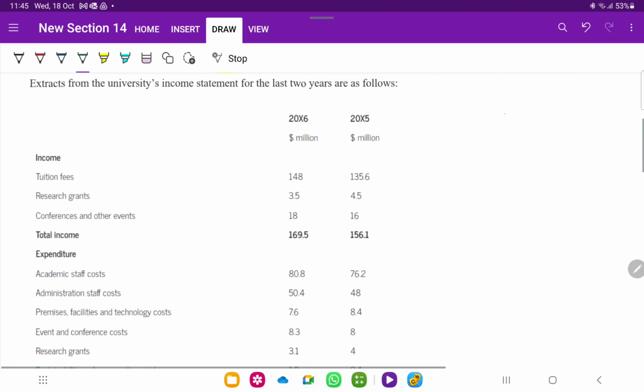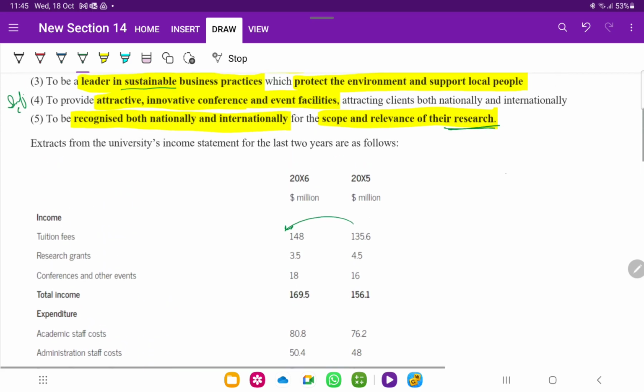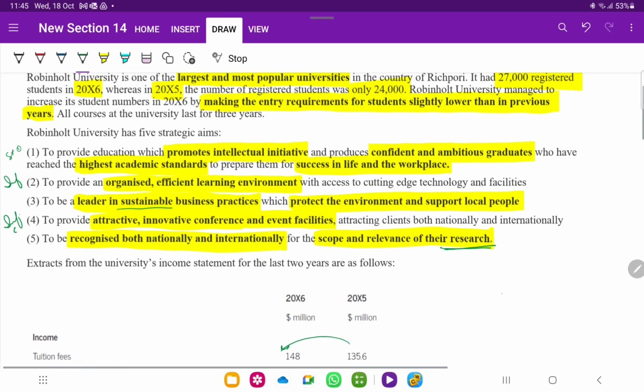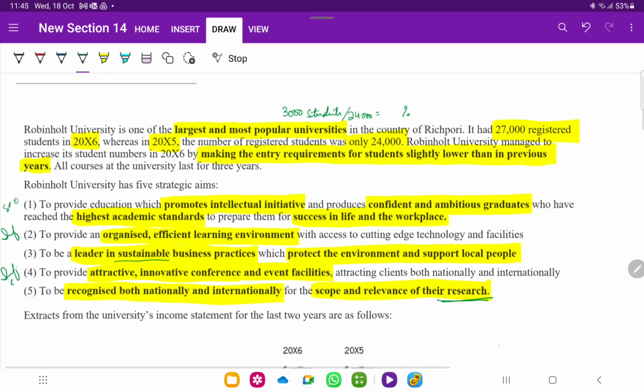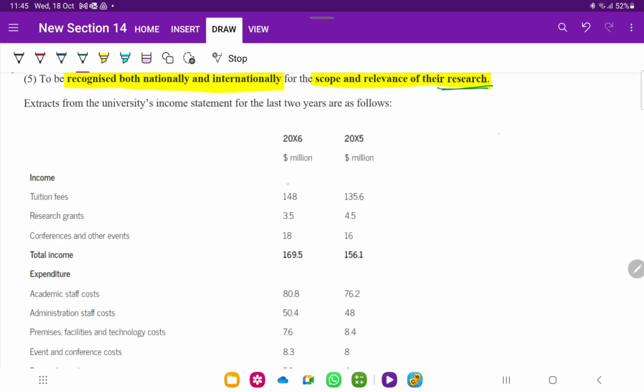Now, the extract from the university's income statement for the last year is as follows. The tuition fees have definitely increased because there is an increase in the number of students. If you want to calculate the average income per student, you can do it by dividing 27,000 by 24,000.